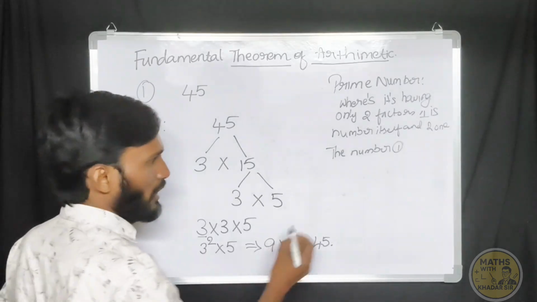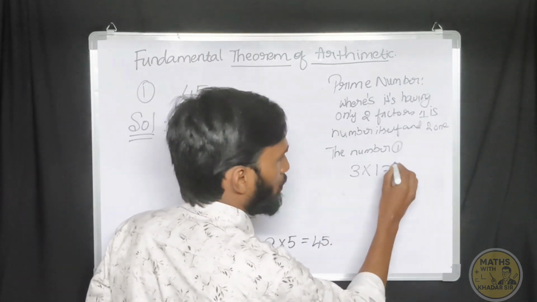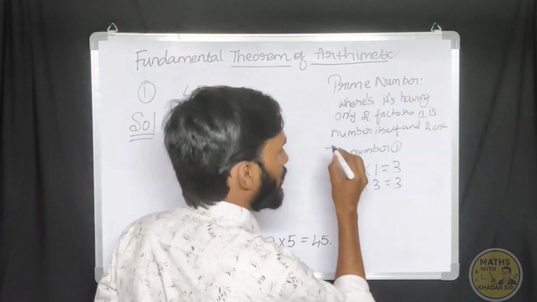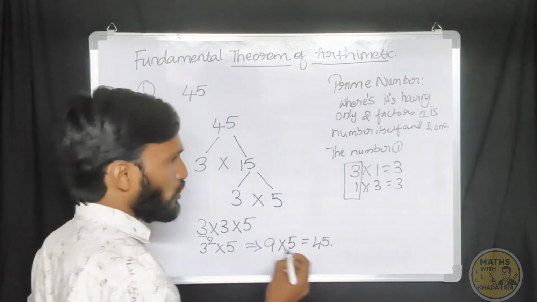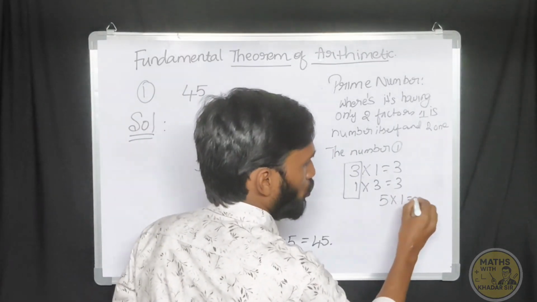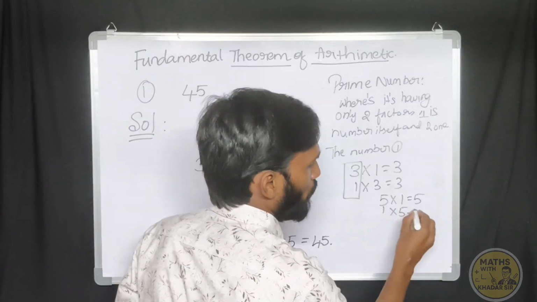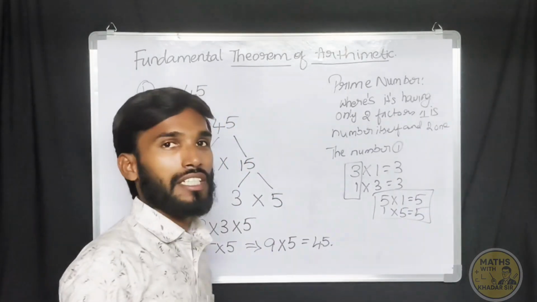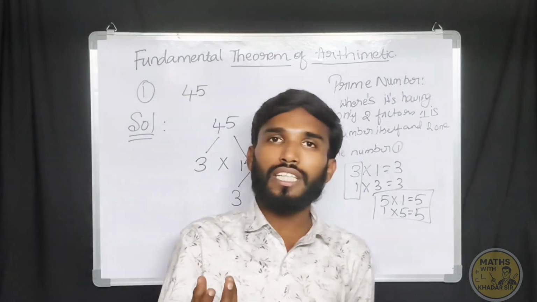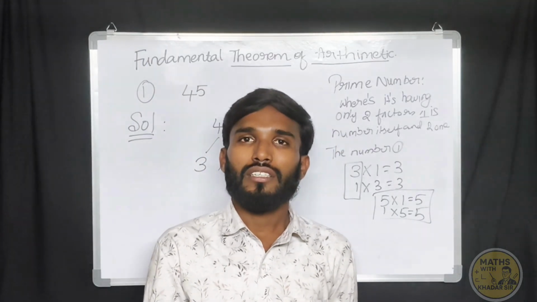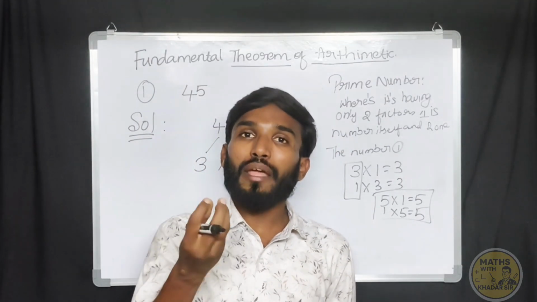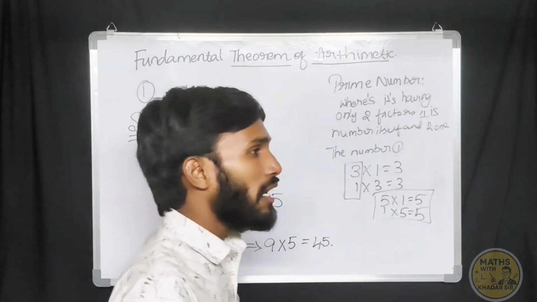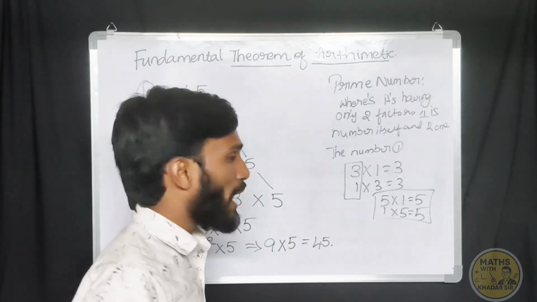Here see, for 3 we don't have any factors except 3 into 1 is 3 and 1 into 3 is 3. We only have these two factors. For 5 also we have only 5 into 1 is equal to 5, 1 into 5 is equal to 5. This is what the fundamental theorem is telling us, that a composite number can be expressed in a way where its factors break into the product of primes.